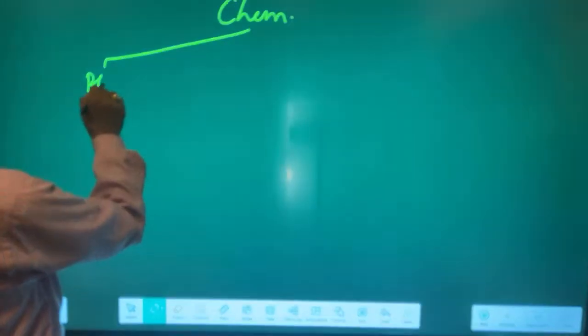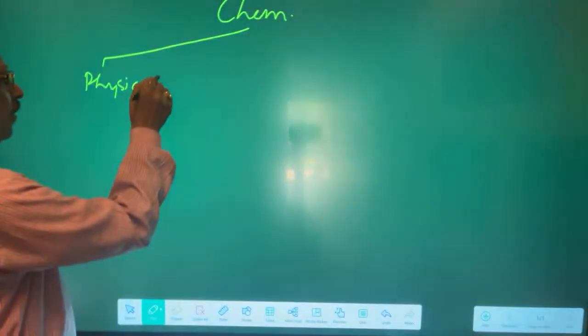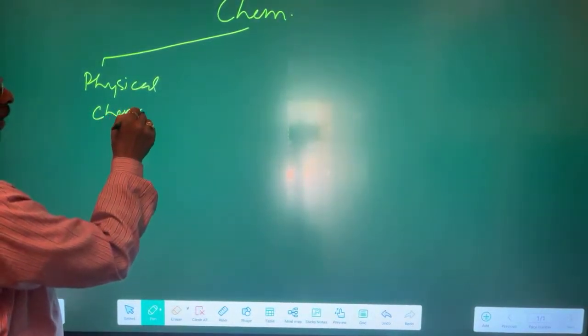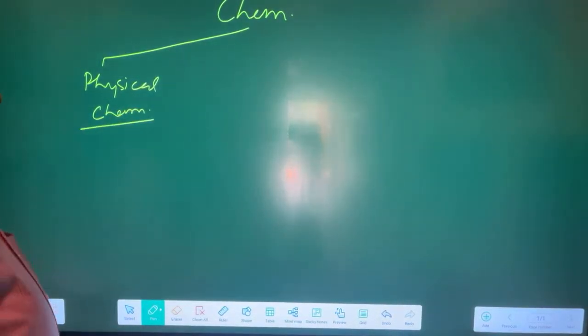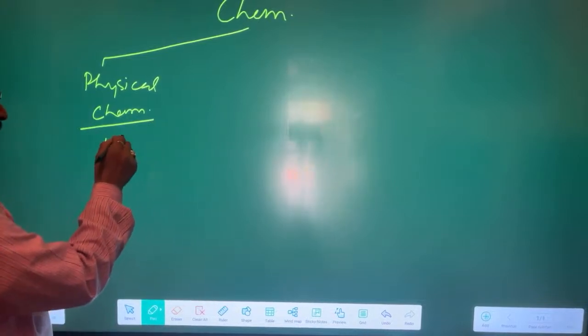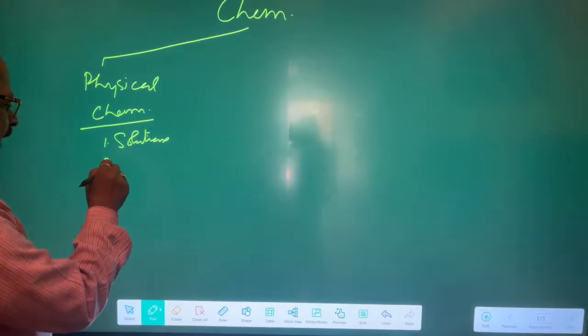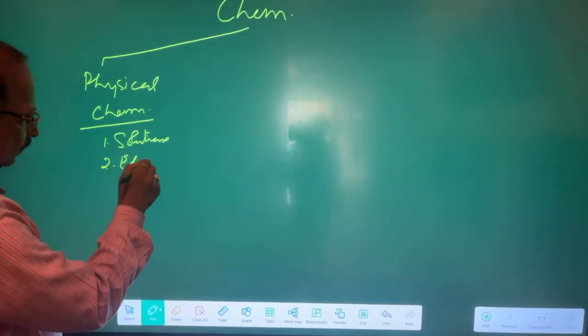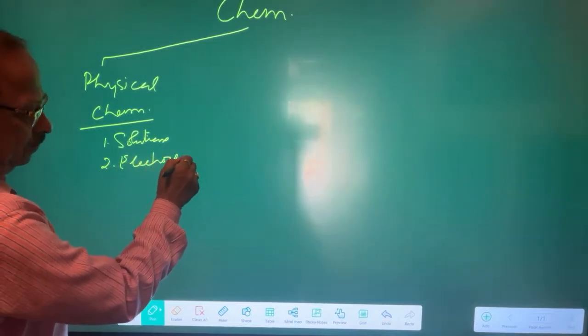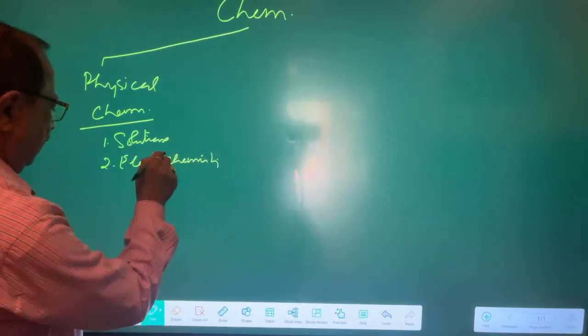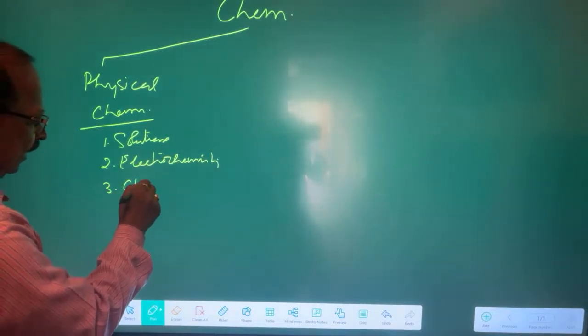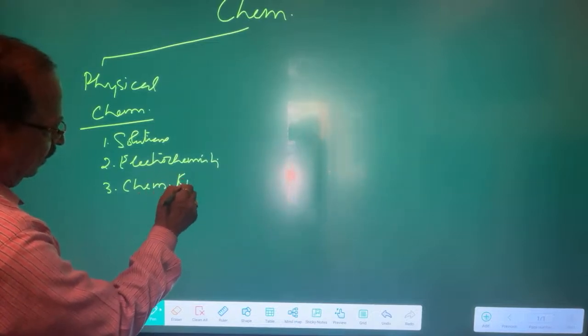One part is physical chemistry. Now in this physical chemistry, there are 3 chapters. The first chapter is solutions, and the second chapter is electrochemistry, and the third chapter is chemical kinetics.